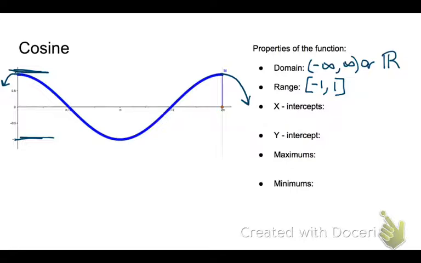The x-intercepts of this function is where the graph intersects the x-axis. Notice that this happens multiple times. And if this function were to keep going, it would continue to cross the x-axis over and over. Where we cross the x-axis the first time is at pi over 2.